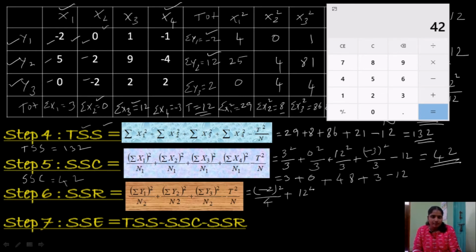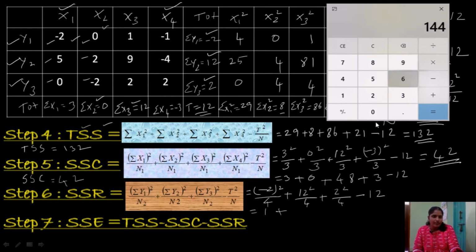So 12 square over 4 plus sigma y3 is 2, that is 2 square over 4 minus the correction factor value is 12. Now we just simplify this calculation, that is minus 2 square is 4, 4 by 4 is 1 plus 12 square, that is 144. 144 by 4 gives you the value 36 plus 2 square by 4 is nothing but 4 by 4, 1 minus 12.